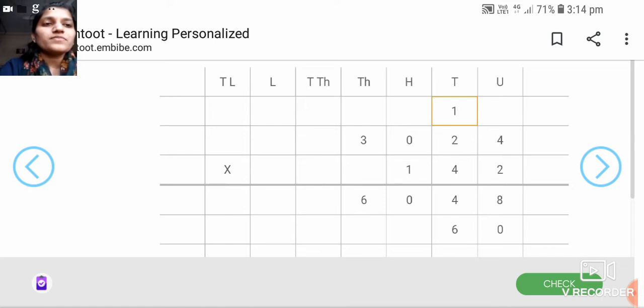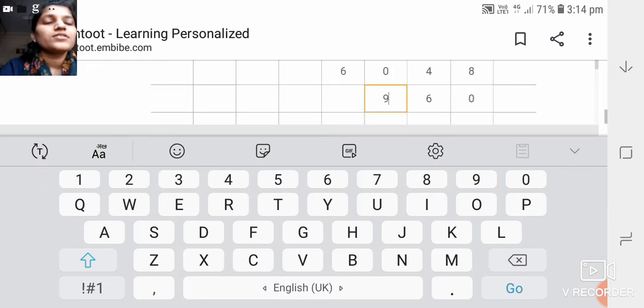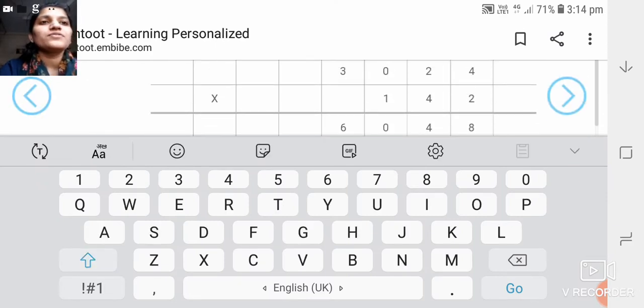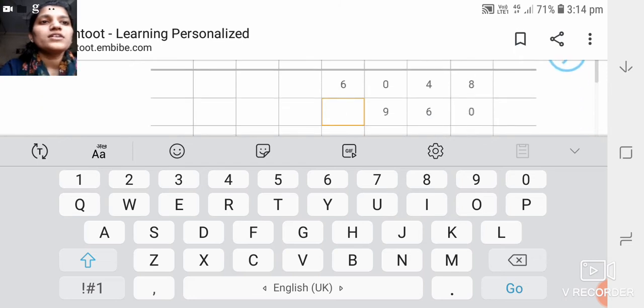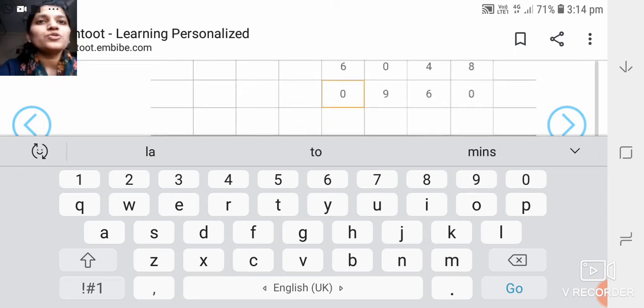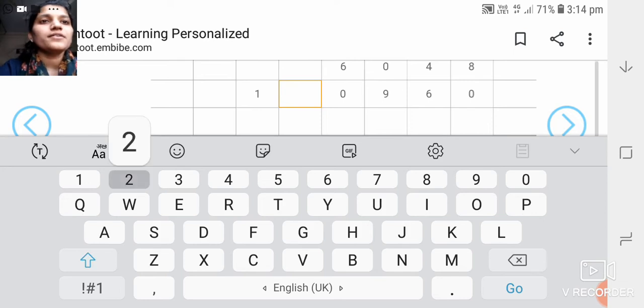Then 4 2s are 8, and 8 plus 1 is 9. So we are going to write 9. After that, we are going to multiply 4 by 0. 4 zeros are 0. Then 4 3s are 12. So 1 we are going to write here, and 2 will be here.